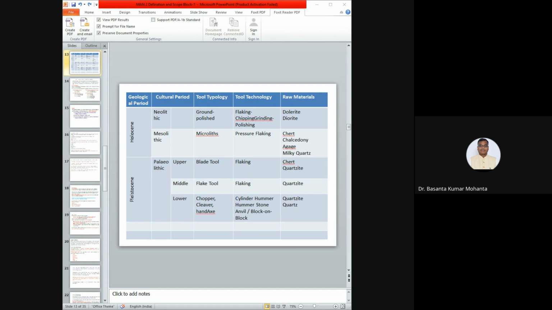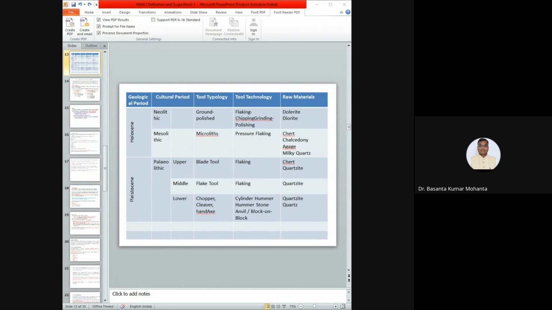And after that, other works were done systematically, with the involvement of different institutions. Researches are conducted in the same area with the help of different scientific techniques. So this is related to the protohistoric.